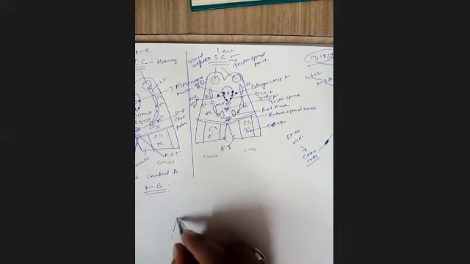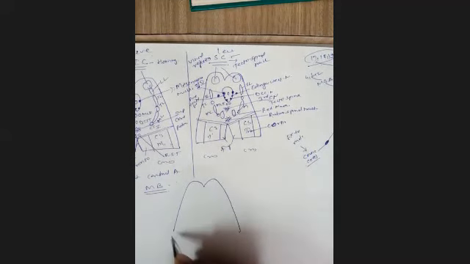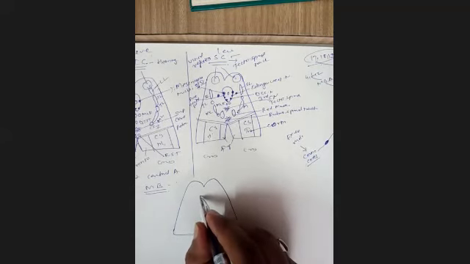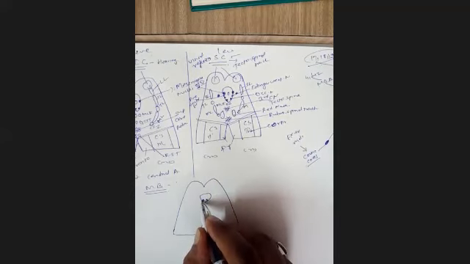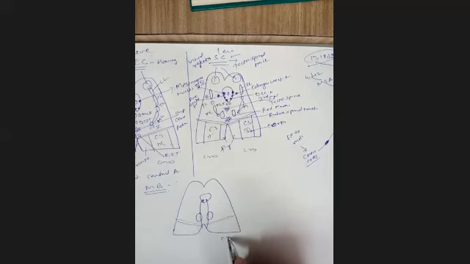Now again I am drawing a midbrain section over here. This is the third nerve nucleus, and the third nerve passes like this through the red nucleus, and here is the crus.